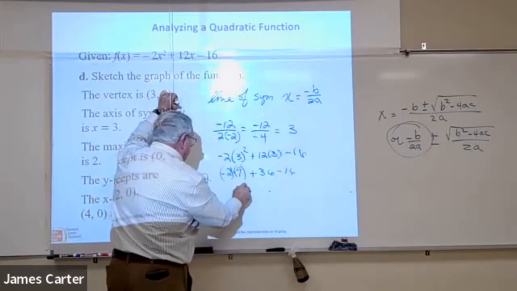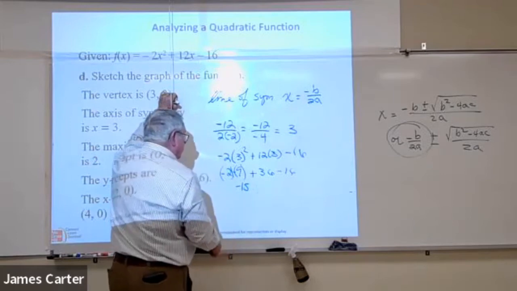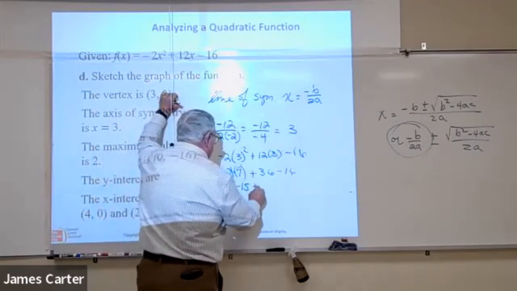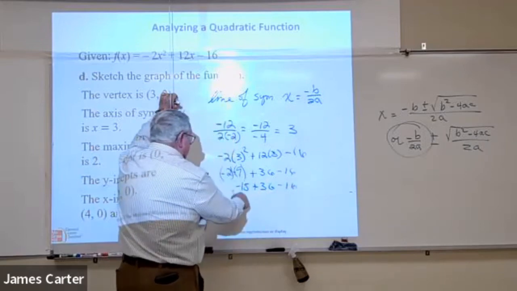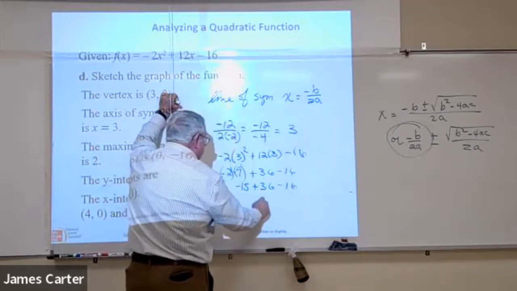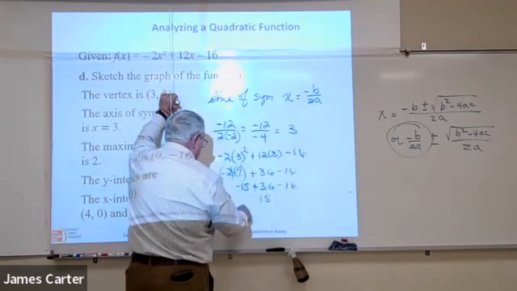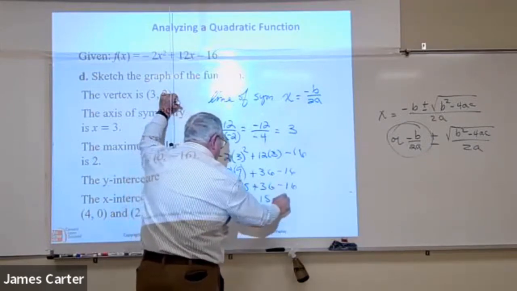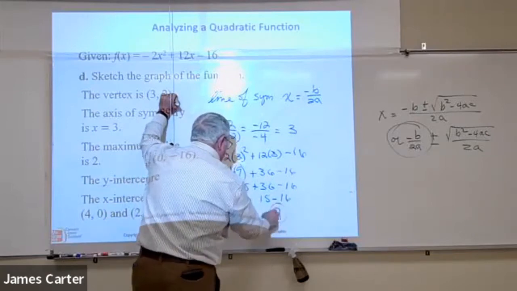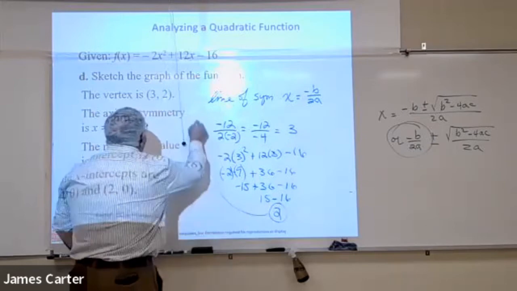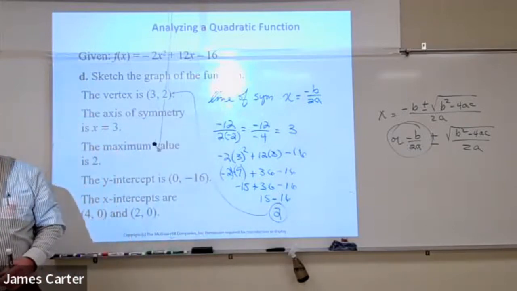This gives me -18 plus 36 minus 16. Well, -18 and 36 give you positive 18, because 2 times 18 is 36. Minus 16 gives me an answer of 2. Okay?